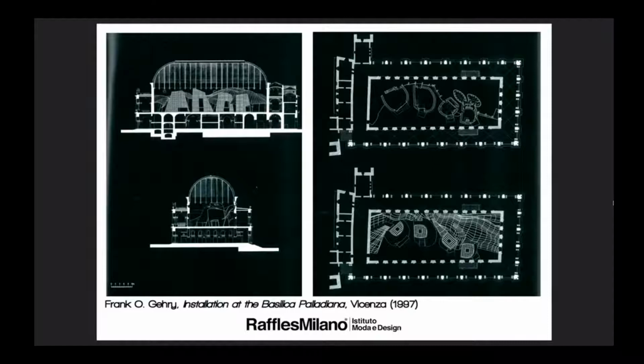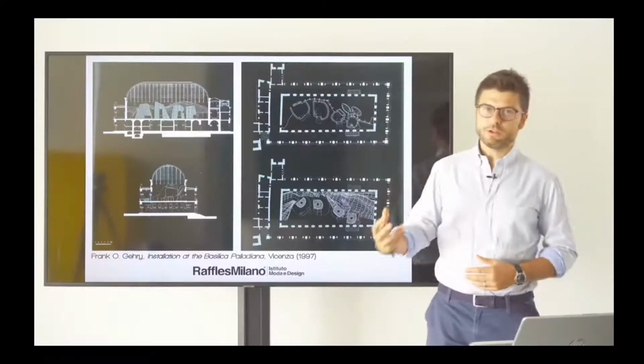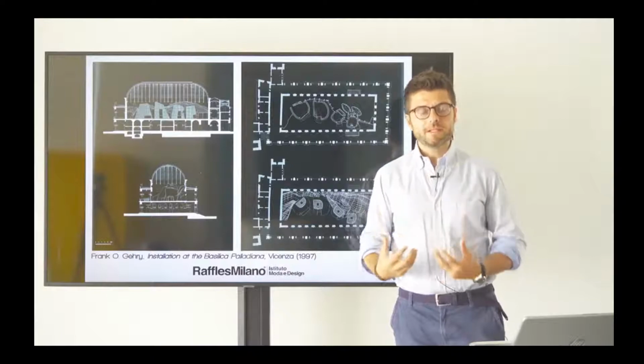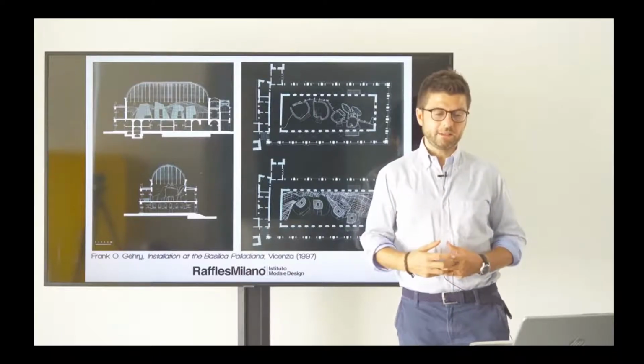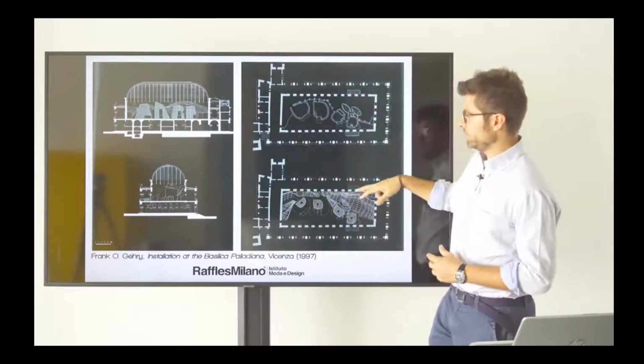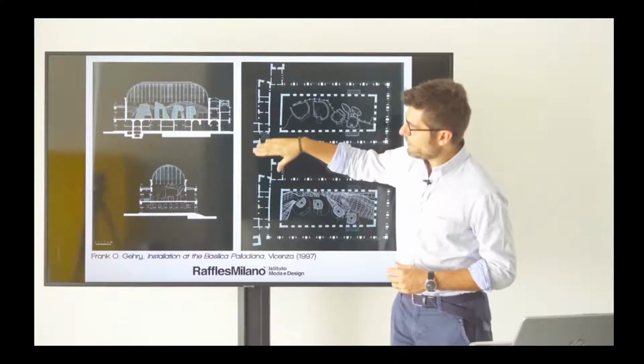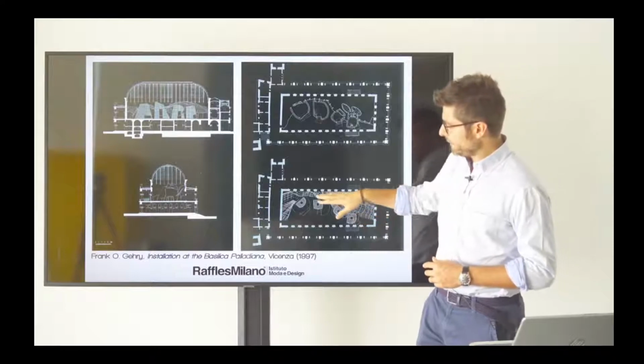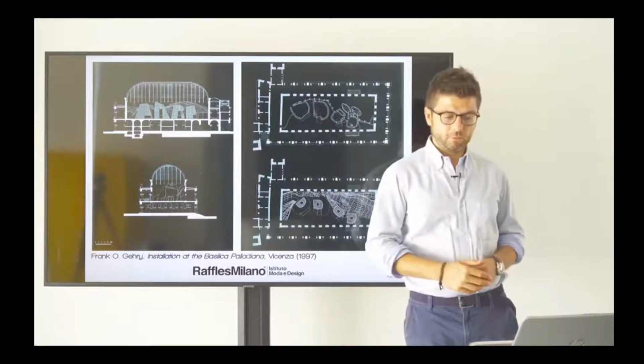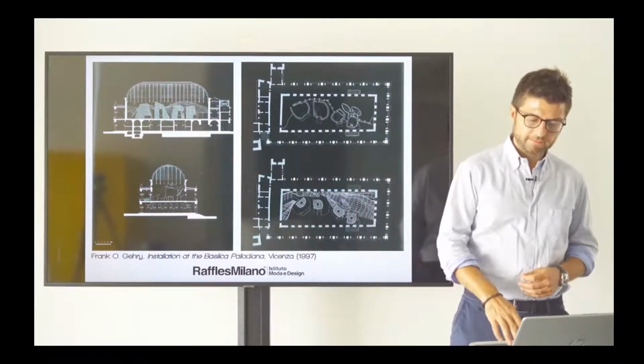Here the idea is to work again on the concept of incorporation, so to lay a series of volumes, a series of rooms that contain the different steps of the exhibition, made in complete contrast from the point of view of the light, of the materials, and of the volumes themselves, with the space that was around it. The space was thought like a big wave of metal for creating these different areas, but in the end was not built.